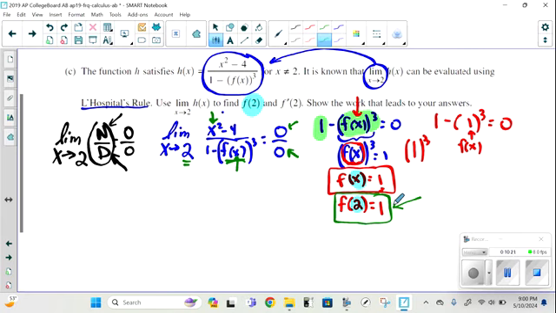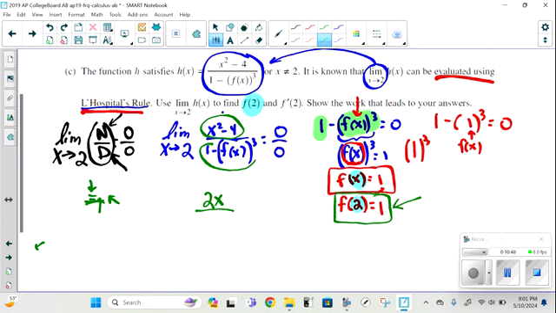But since we get 0 over 0, what L'Hopital's rule tells me is the following. If I get 0 over 0, and I know I will because they say in the problem that it's known that I can use L'Hopital's rule, I can take the derivative of the top separately. That's just going to be 2x. Put that over the derivative of the bottom.